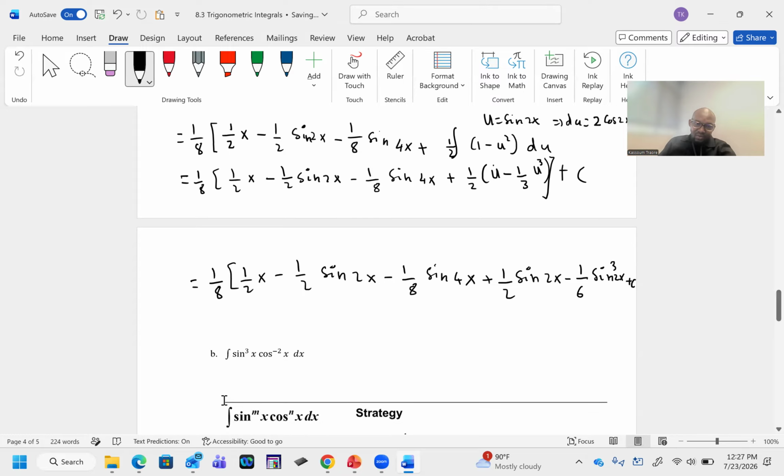And then we will try to combine like terms.